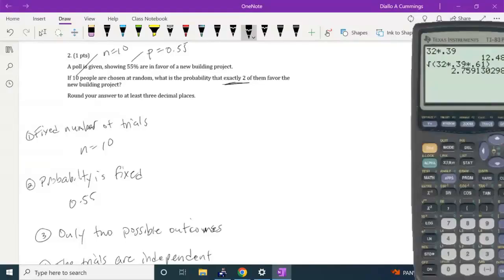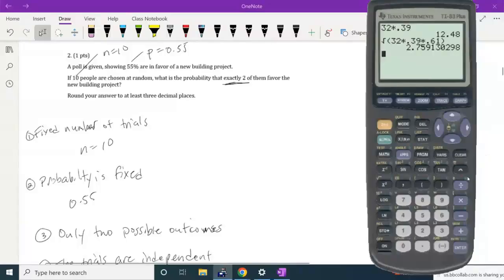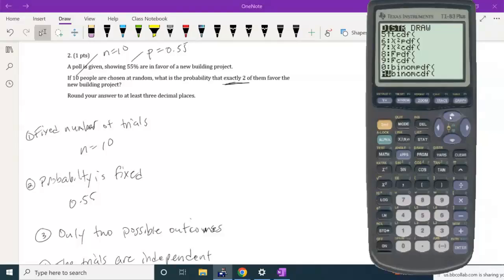And it says if 10 people are chosen at random, what is the probability that exactly 2 of them favor the building project? So since we're finding an exact value, will we use the binomial PDF or will we use the binomial CDF? Okay. We're going to use the binomial PDF, right?